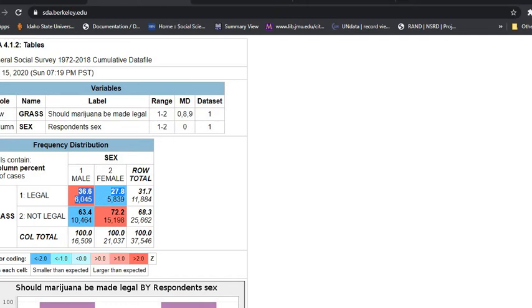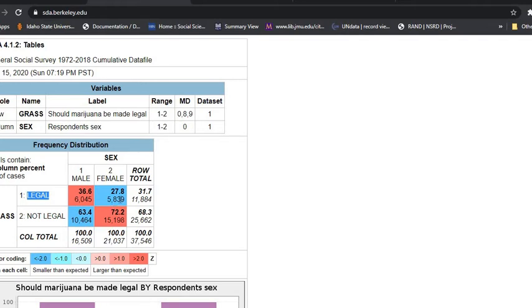So we would conclude from this table that there's a tendency for more men to favor legalization than women. Not a huge difference, but a noticeable one. So, to restate, men are more likely than women to favor legalization of marijuana. That number is bigger. And that's the kind of thing I want you to do in this assignment.